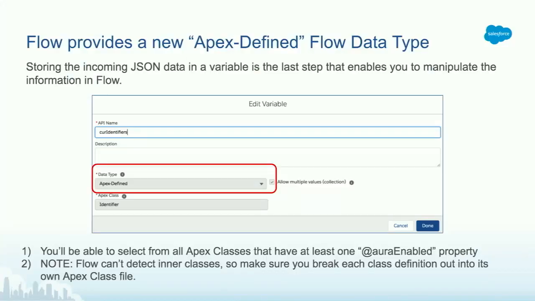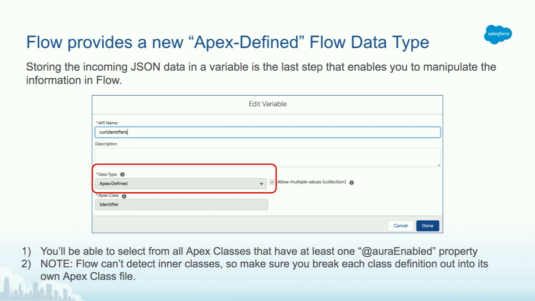Now, what do you get in exchange for all of this setup work? Well, what happens is Flow gains the ability to actually access that information as an Apex-defined variable. And you can see here that that's exactly what's going on.